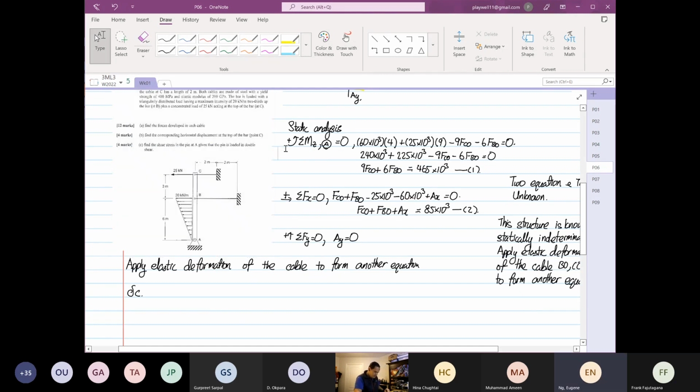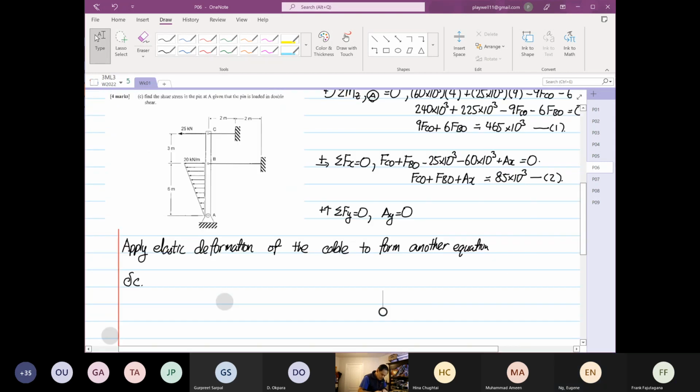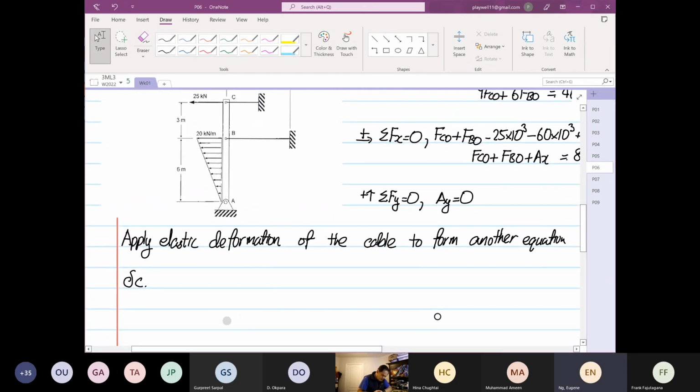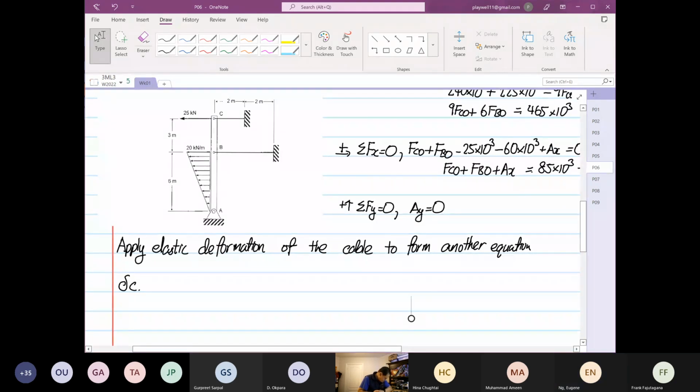So we want to find the deformation of point C, and deformation of point C is dependent on FC naught. We just apply, and it's going to be in tension. So FC naught, the length is 2 meters, divided by the area, pi times 6 times 10 to the power minus 3 squared, and the Young's modulus is 200 times 10 to the power 9.